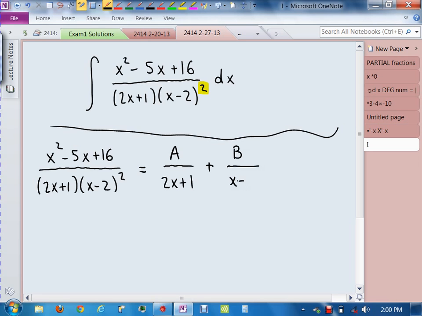Excuse me, the linear factor is x minus 2, isn't it? B over x minus 2, and then a second term over here with another letter C, and now let that power come up 1 to become x minus 2 squared. And if it was cubed, I would do another one, and I would have plus D over x minus 2 cubed. With me?